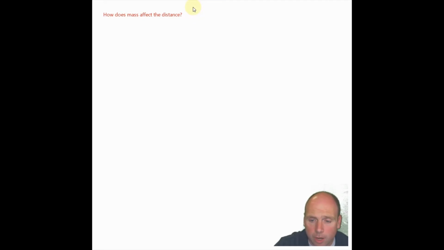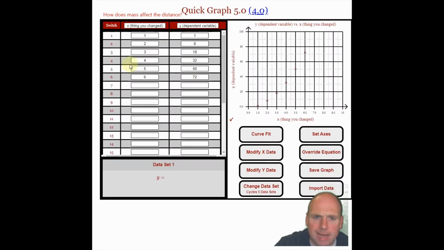And we start out by creating some data from a model. And I've done that, and I've put my data into QuickGraph. And this is all something you should be able to do. All right, so it looks like my first setup here is, I'm going to make this mass, because how does mass in kilograms affect the distance?